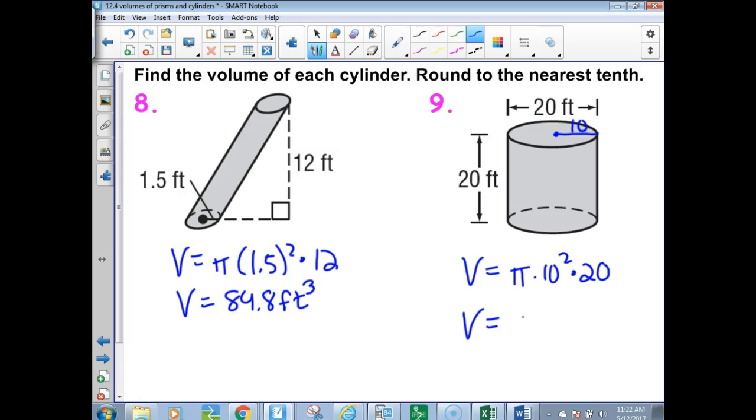What'd you get? Okay. I believe he's correct. Are we all getting that? Fabulous. 6,283.2 cubic feet. Thank you very much.